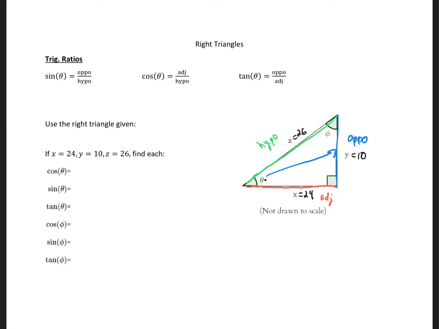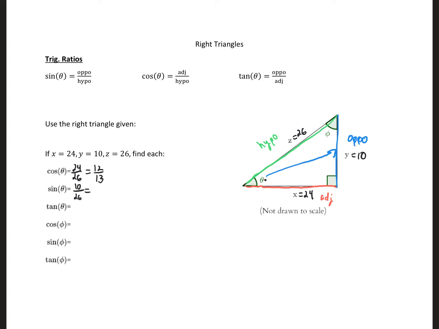So if I said, okay, then what is cosine of theta? It's the adjacent over hypotenuse. So in this case, 24 over 26. And since those are both even numbers, we can divide them both by 2. This will actually reduce to 12 over 13. Sine of theta is the opposite side over the hypotenuse. We said the opposite side is 10 and the hypotenuse is 26.